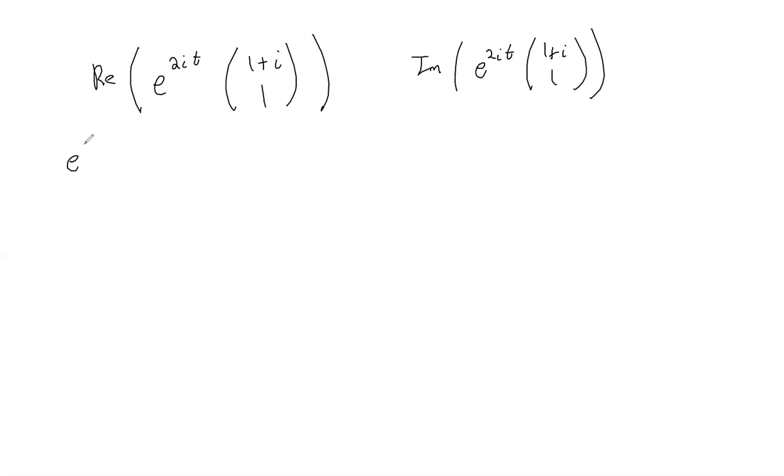So we're going to use this formula, which is e^(2it) equals what? Right. e^(i times something) is cosine of that thing plus i sine of that thing. So in this case, we have 2t.